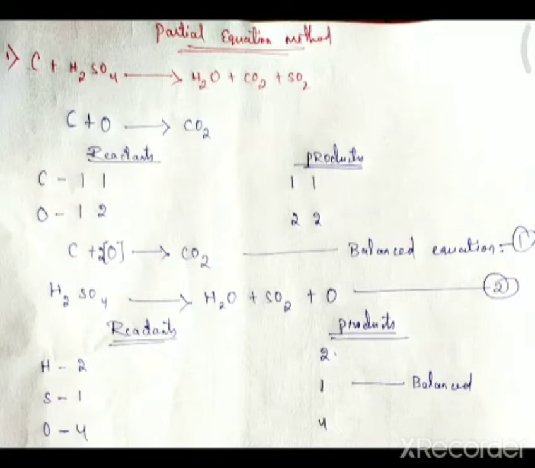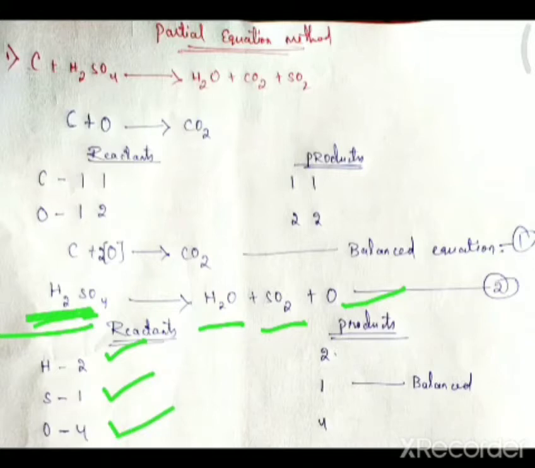Okay, so the first part is completed. Then the second part, what is that? The second part is sulfuric acid gives rise to water, sulfur dioxide and nascent oxygen. Okay, so let me check whether this is balanced or not. On the reactant side hydrogen is 2, sulfur is 1 and oxygen is 4.